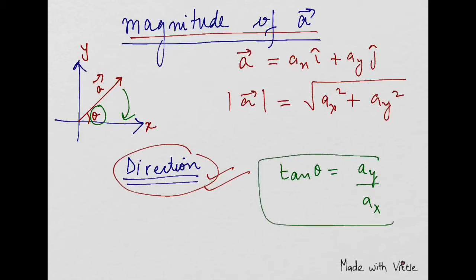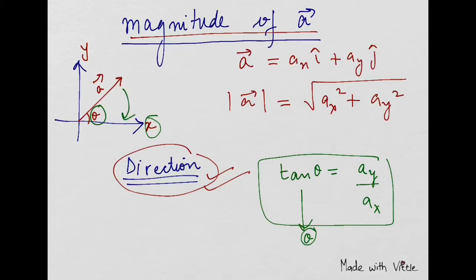From here you will be able to calculate the angle with the x-axis. This will tell you in which direction the vector is with respect to the x-axis. You can also find it with respect to the y-axis by subtracting that angle from 90 degrees.